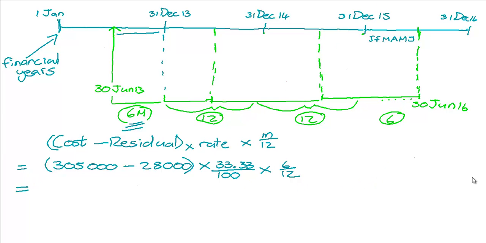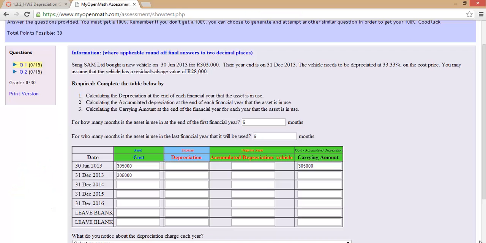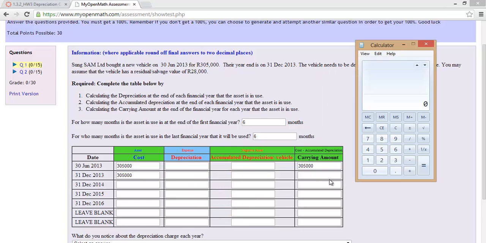If I use a calculator quickly, we say 305,000 Rand, the cost, minus the residual value, 28,000 Rand. That gives me 277,000. This figure I'm going to multiply by 33%. I'm just going to put a lot of threes because it's a recurring figure.